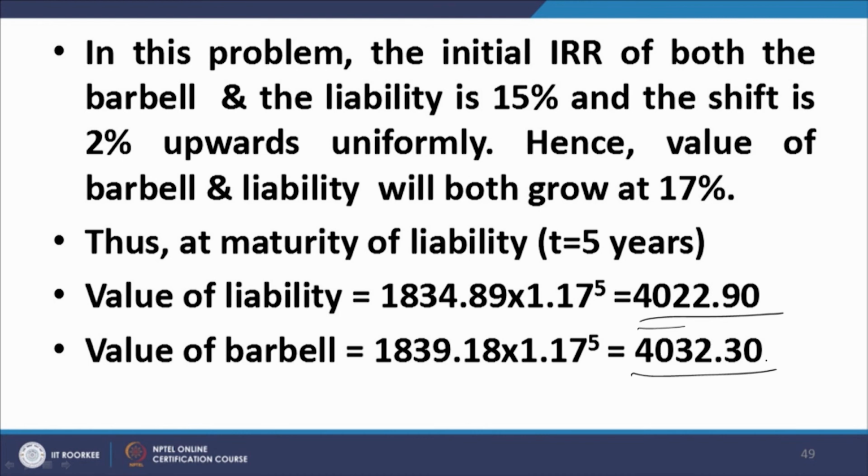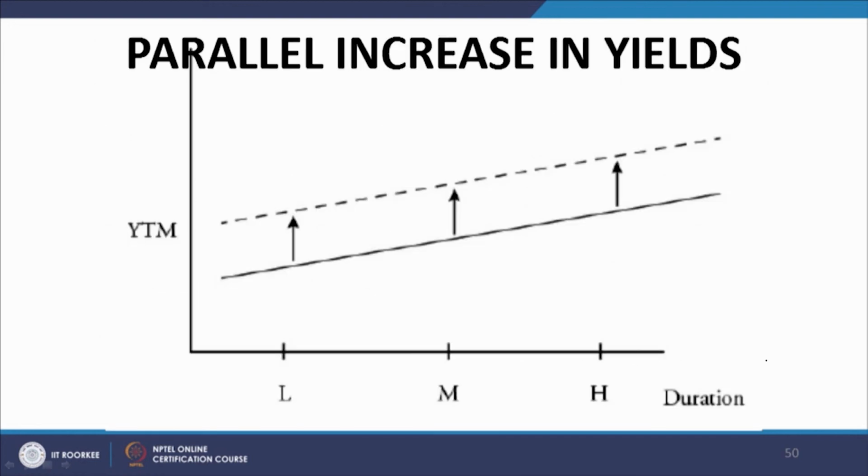Thus, clearly the barbell has adequate assets to meet the liability when it materializes at t equal to 5 years. This is an example of a parallel upshift in the yields.